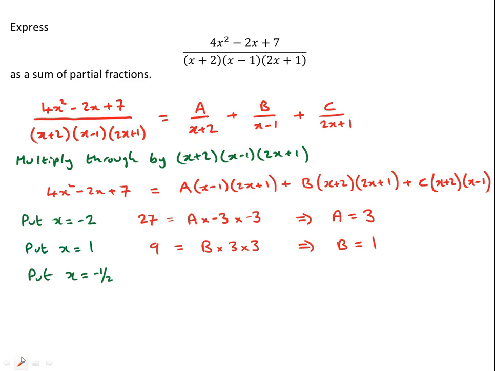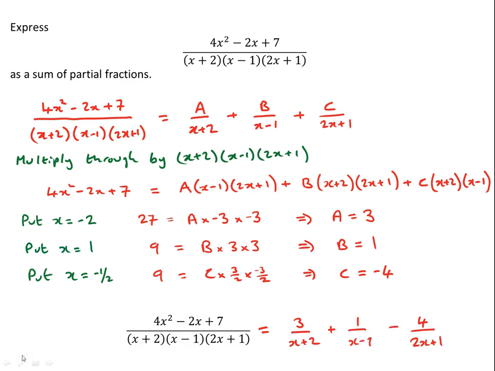Take away 2 times minus a half is going to be plus 1, plus 7, so I get 9 equals, now with x equals minus a half, on the right hand side the first term is 0, the second term is 0, and the final term is going to be c times 1.5 times minus 1.5, which gives me that c must be equal to minus 4.